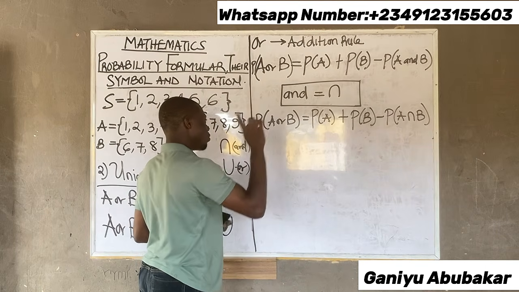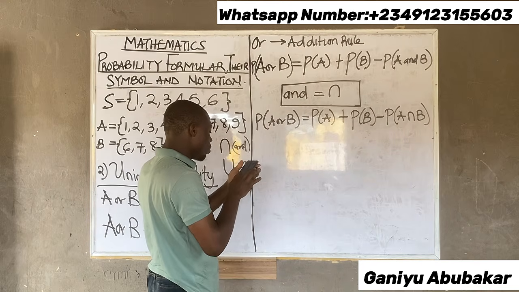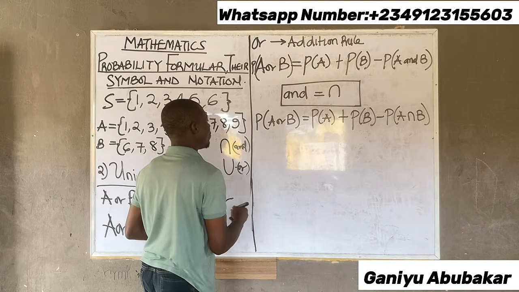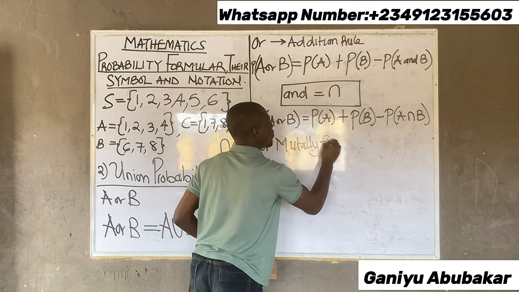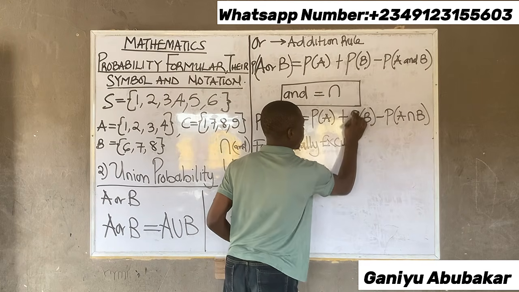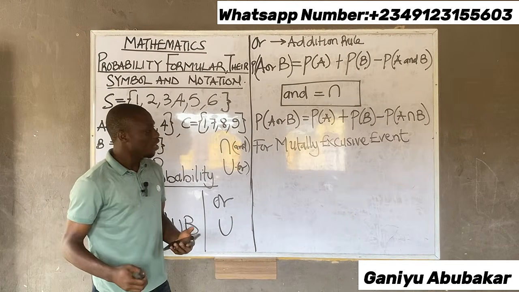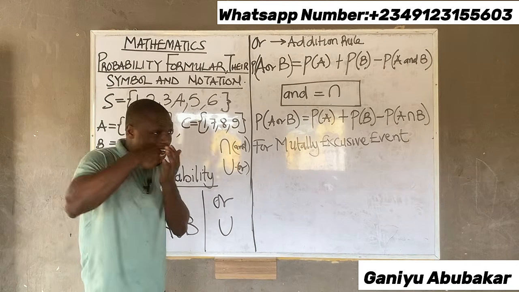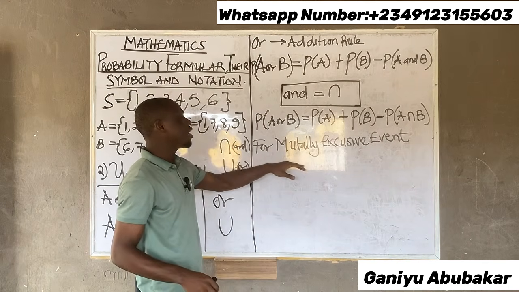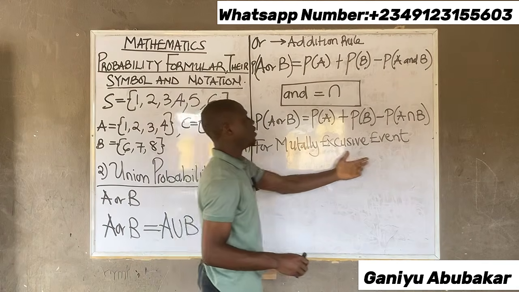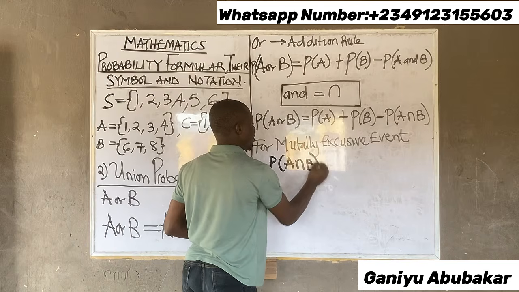Please listen. If you recall properly, when we did mutually exclusive events, mutually exclusive events are those where, when you find the probability of A intersection B, it is zero.